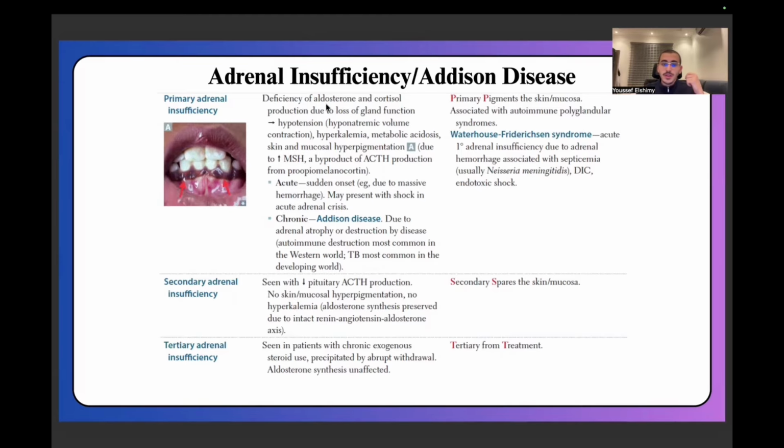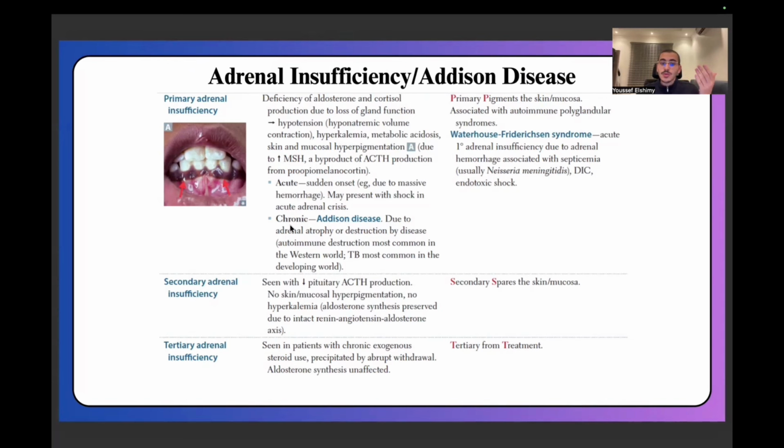So if there's no aldosterone and cortisol, you know what would happen. There would be hypotension, hyperkalemia, metabolic acidosis, as well as hyperpigmentation, because with no aldosterone and cortisol there would be loss of negative feedback. There would be increased ACTH production, and with ACTH there would be increased MSH, and this would lead to hyperpigmentation.